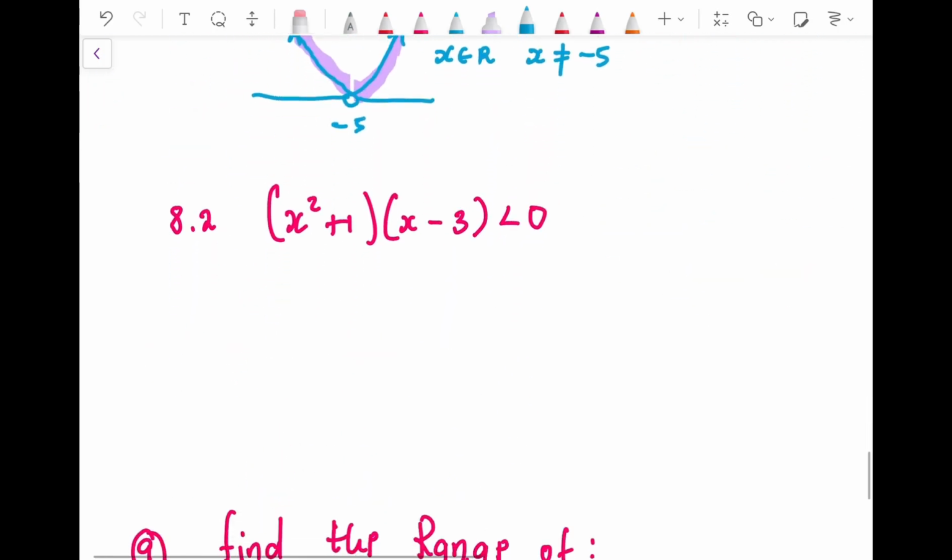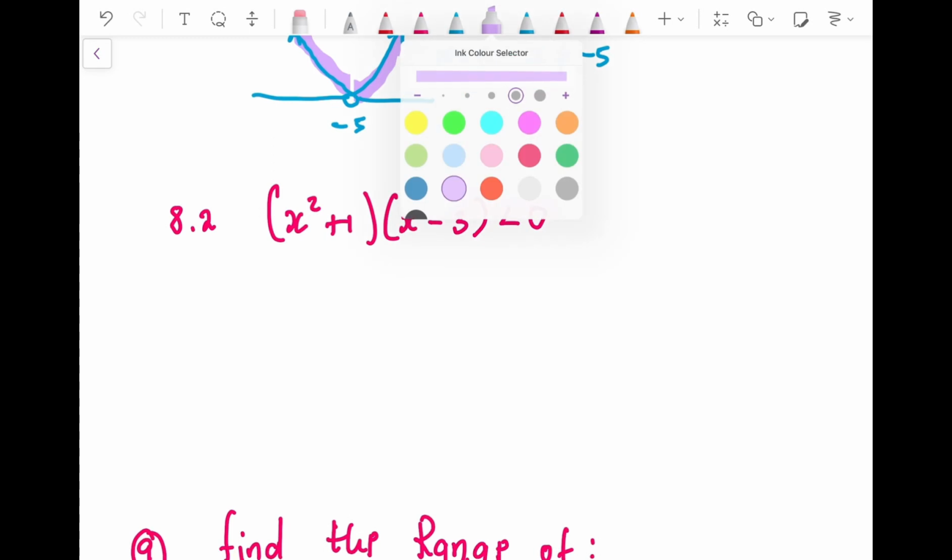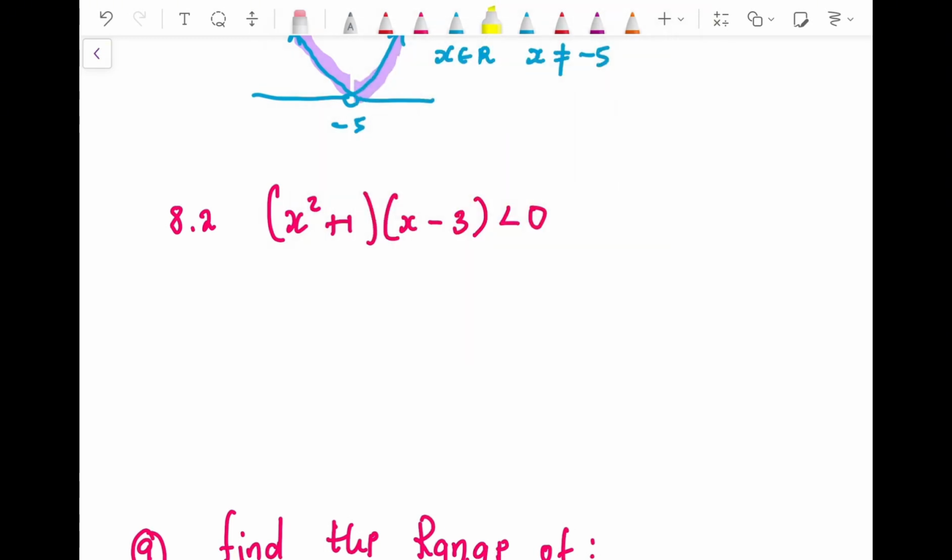8.2. With this one, we are given two functions. This is the sum of two squares, and unfortunately we cannot factorize the sum of two squares. Multiplied by another function, the answer must be negative. So you can take this as f of x multiplied by g of x, and the answer must be less than 0. That simply means one function must be negative and one function must be positive.